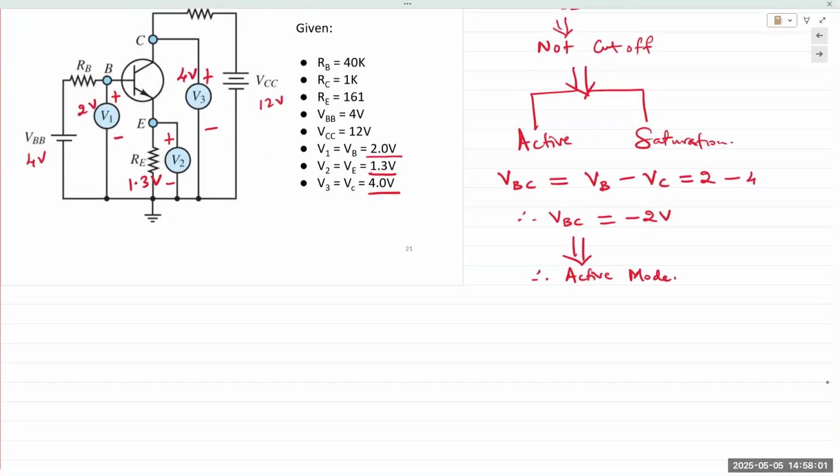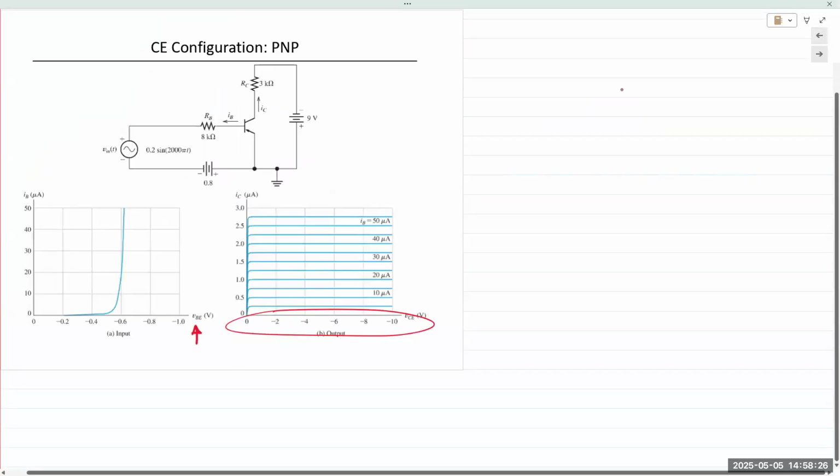There's one more test we can perform for saturation. In saturation, VCE, collector emitter voltage, is typically 0.2 volts or less. Remember the characteristics right here.